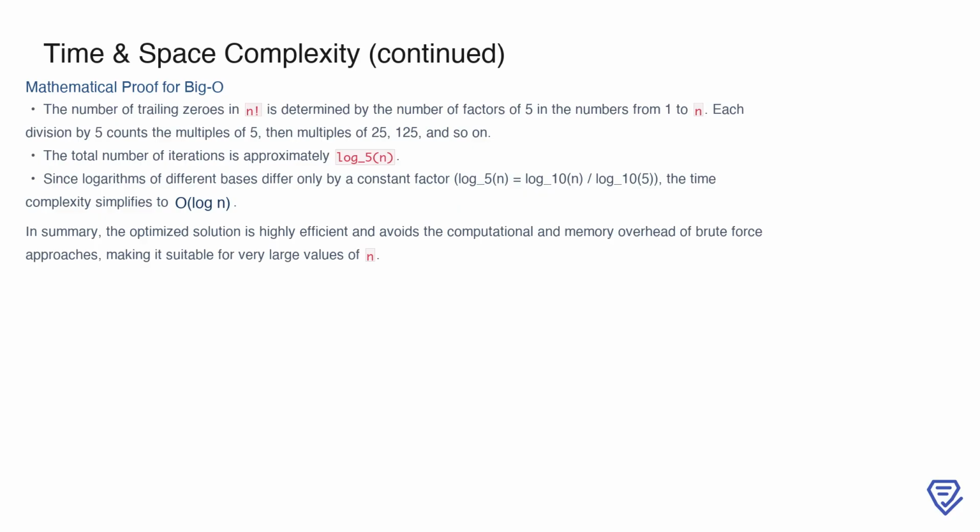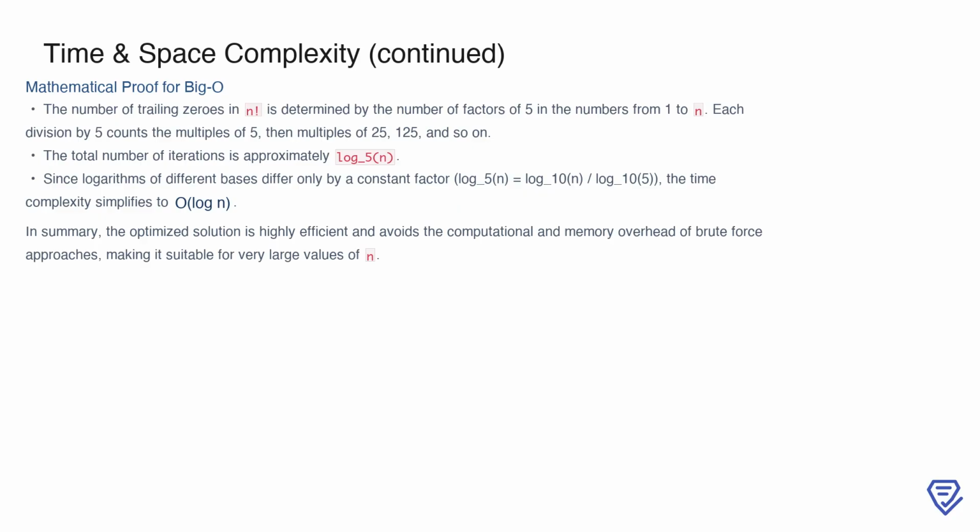This process continues until n becomes 0. The total number of iterations is approximately log_5 n. Since logarithms of different bases differ only by a constant factor, we can convert log_5 n into log_10 n divided by log_10 5, which simplifies the time complexity to O(log n).